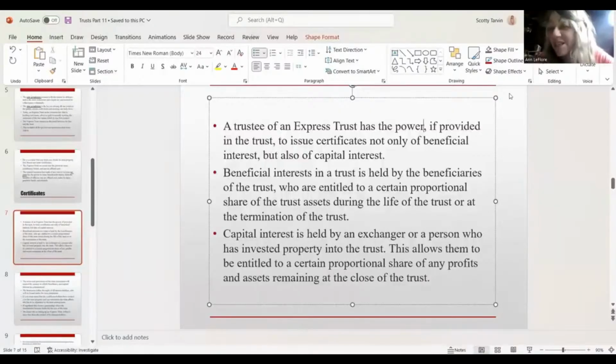It's just their way of holding on to their benefits. And you can also use those benefits and those certificates to pay off debt and to do other things with it. So there are quite a few things you can use with those certificates. Okay, there we go.